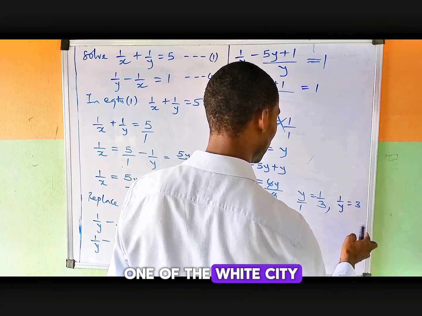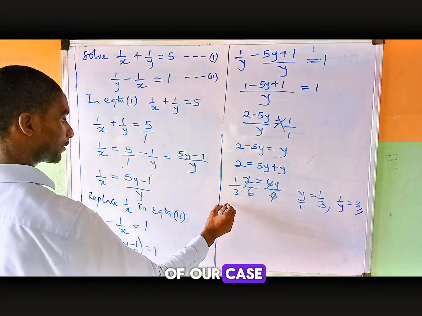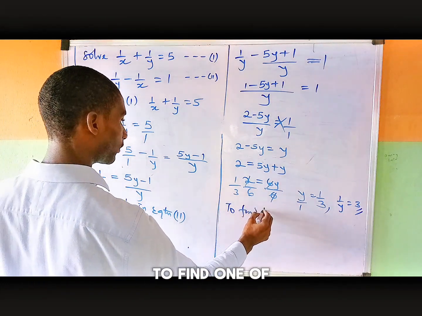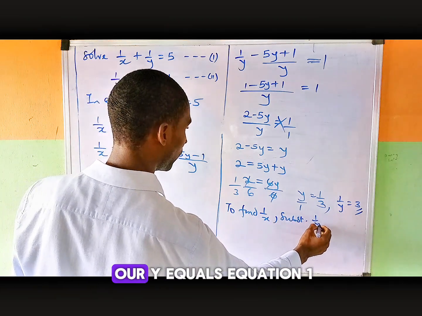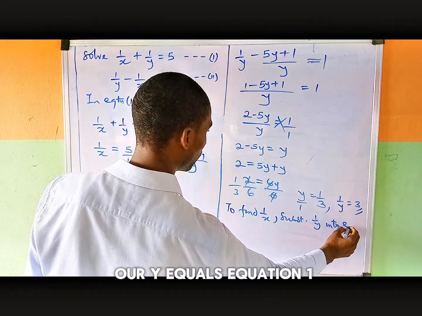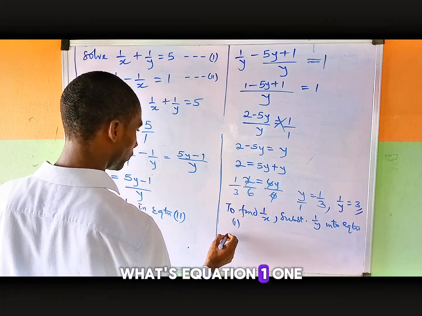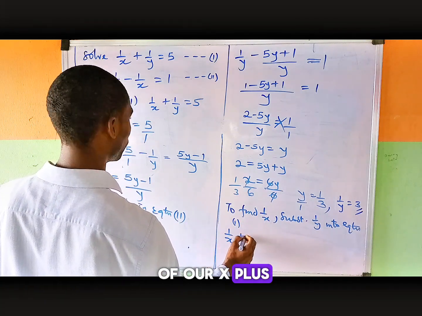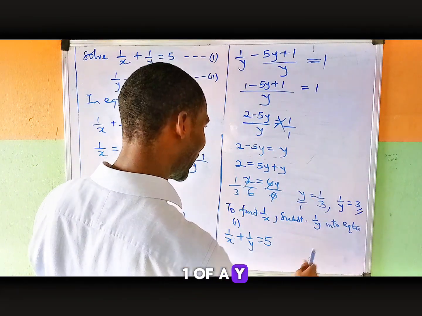Now to find 1 over x, substitute 1 over y into equation 1. What's equation 1? 1 over x plus 1 over y equal 5. And you remember the 1 over y is 3.